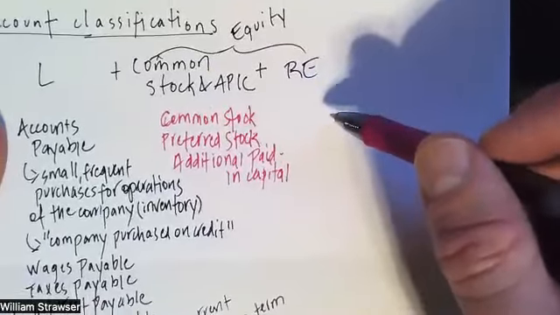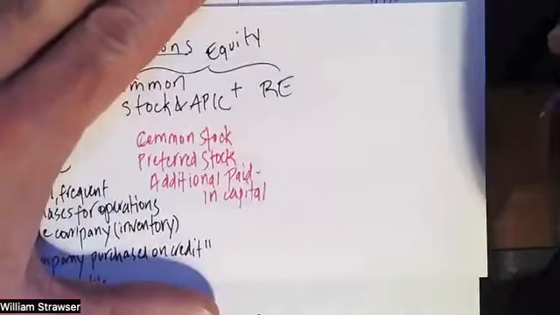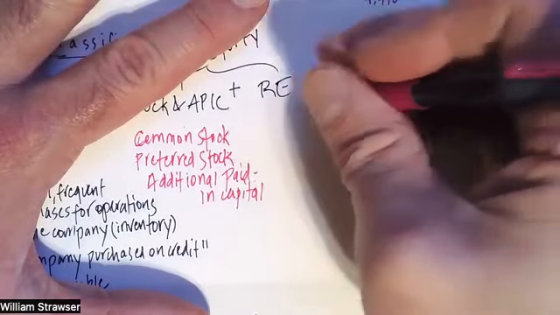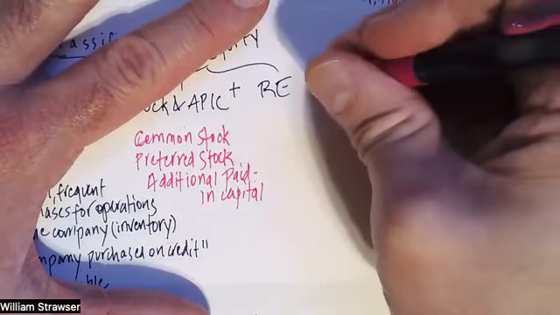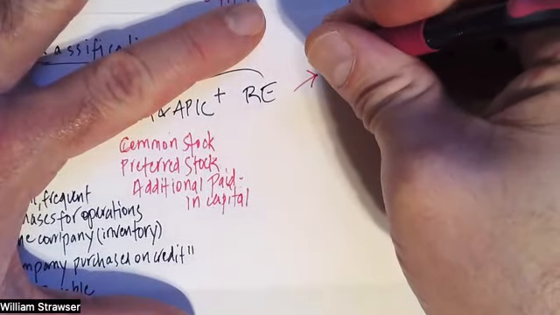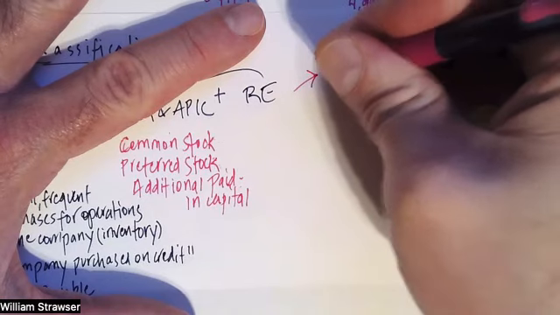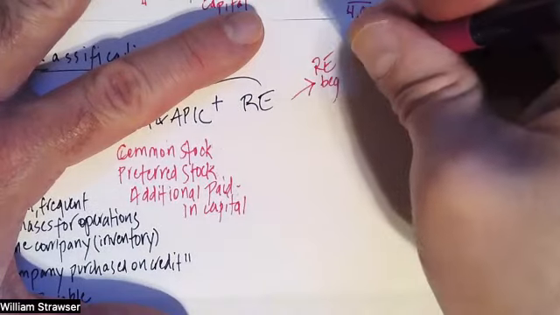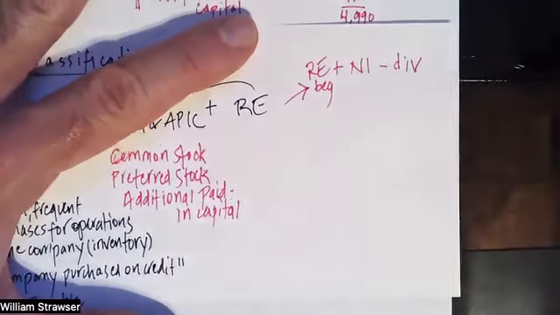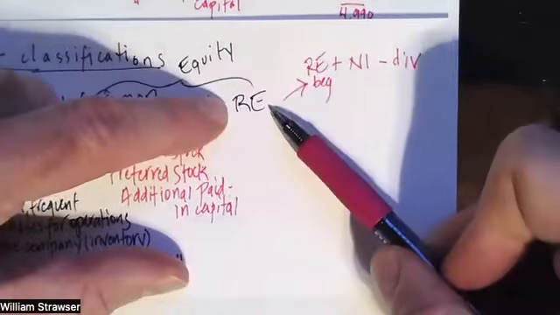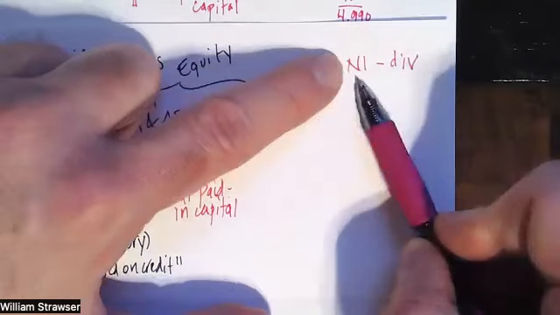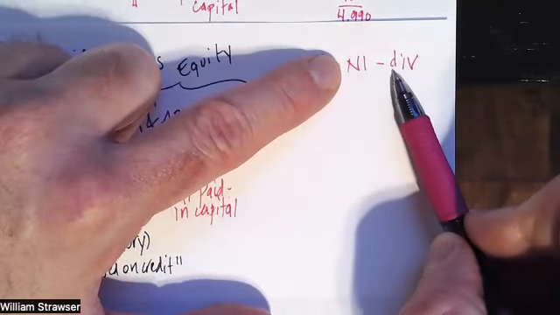Retained earnings gets a little tricky because it is its own account, but, as I broke it out in class, it is any amount that we started with, so retained earnings at the beginning, plus net income, less dividends. So yes, retained earnings is its own account, but it is influenced by where it started, of course, but also what these other accounts are.